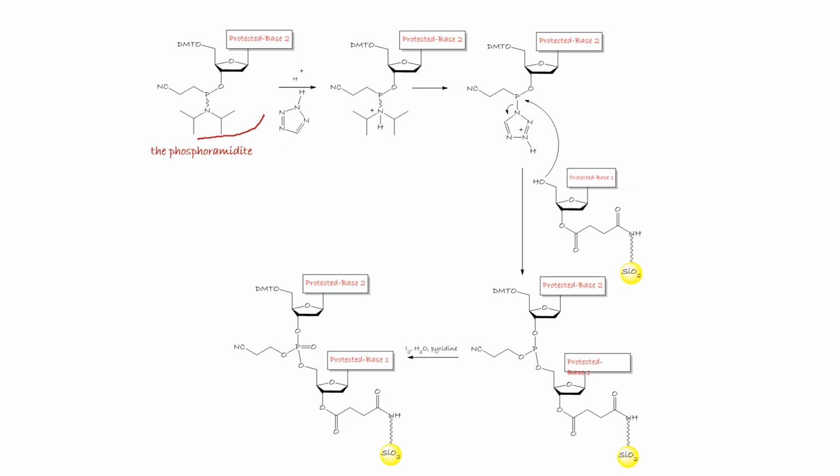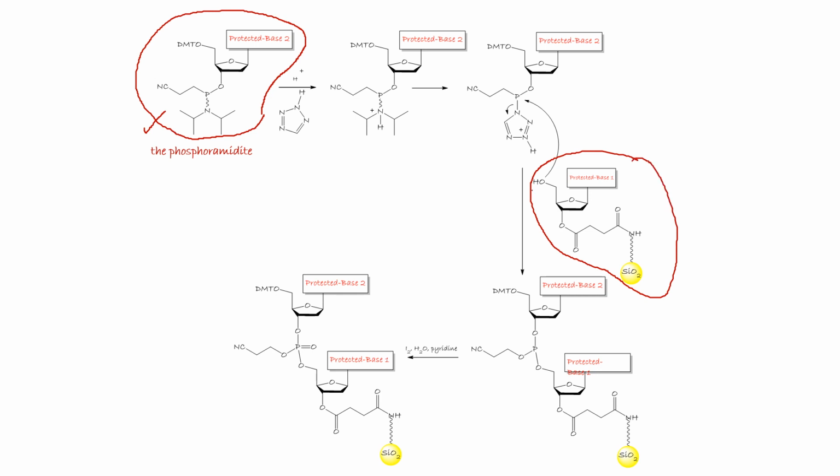Now we have the two species needed for the coupling, the phosphoramidite species and the species free at the OH at C5 prime. We would like now to make the coupling. So we take the phosphoramidite, treat with acid in the presence of tetrazole as a catalyst to get the very active species in here.